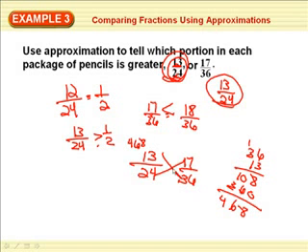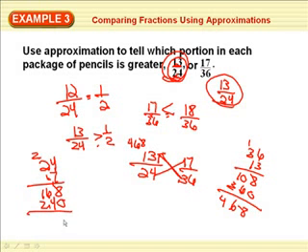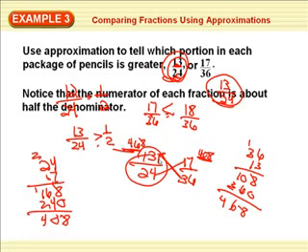You always go from the bottom up. Then 24 times 17 is 408. 408 is smaller than 468, so 13/24ths is the big one. Okay?